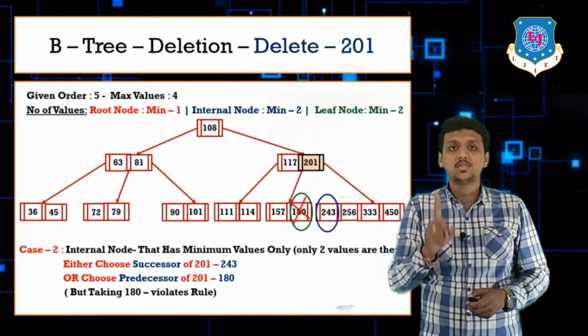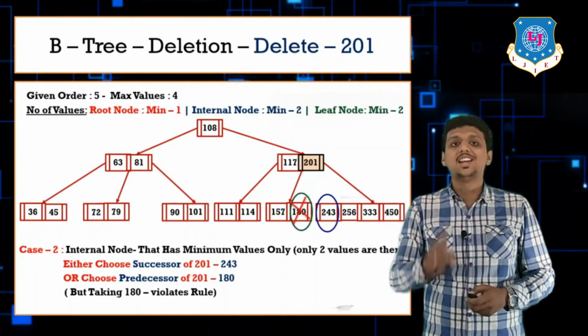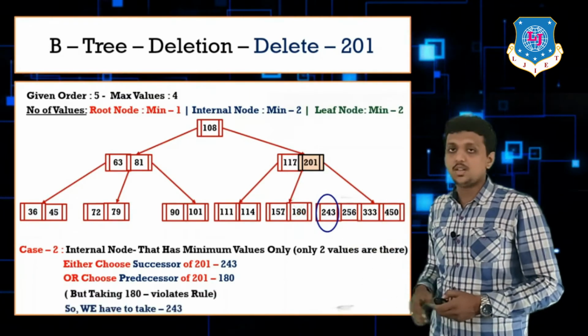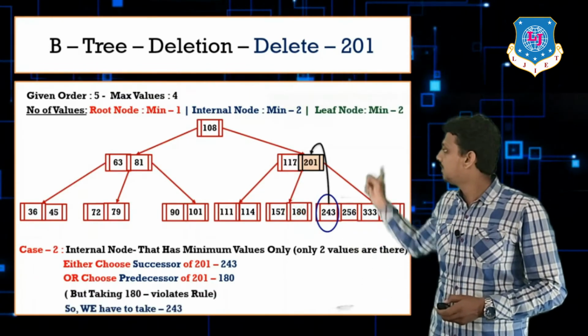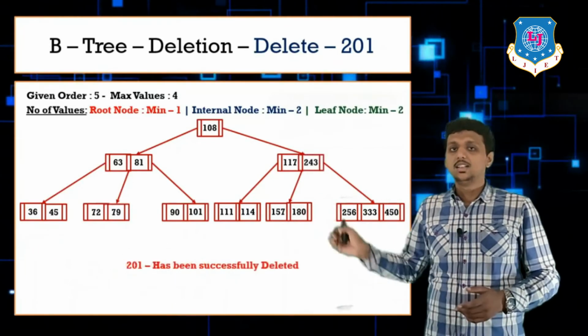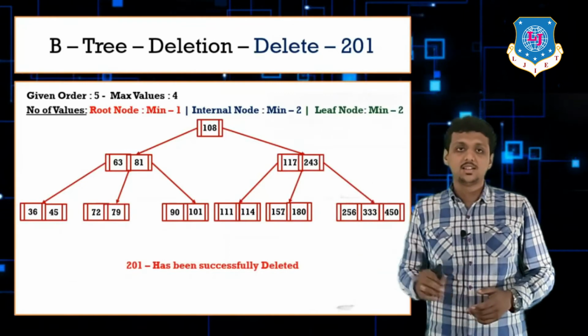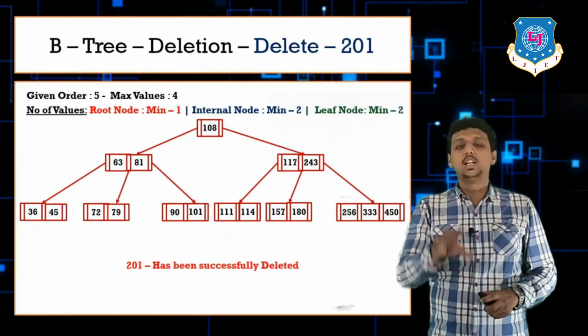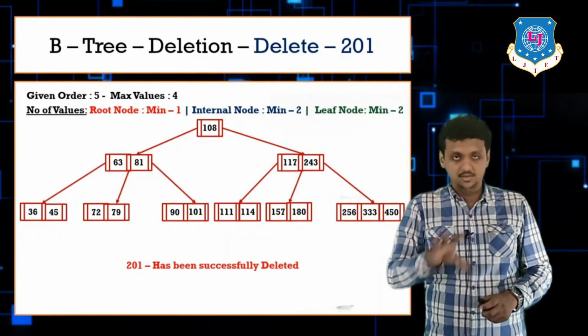Please do not select 180. Just select 243. So I am going to select 243 and put that value in the place of 201. And this is my final answer. So this is the situation after deleting 201.